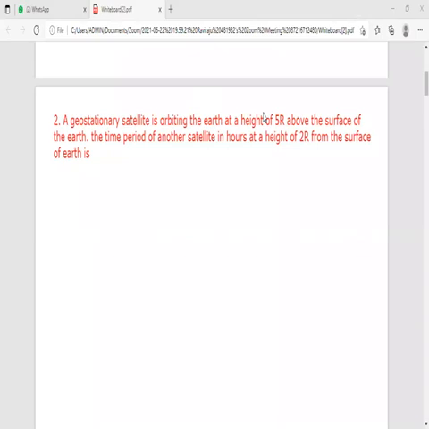24 hours. If I consider another satellite of height 2R, then we have to calculate the time period of that particular satellite. So what is the relation between time period and distance here? We know that T square is directly proportional to R cube.